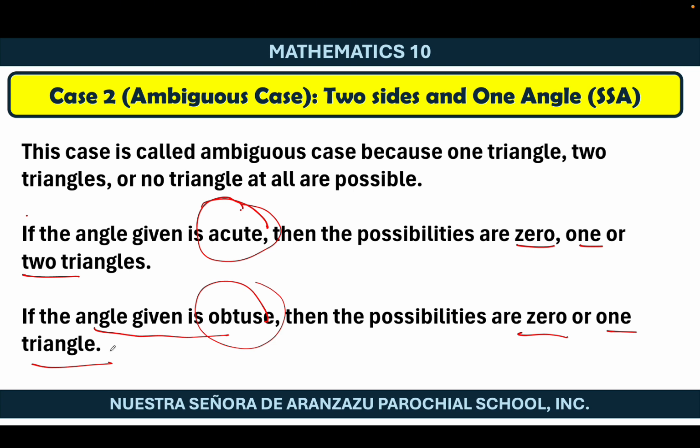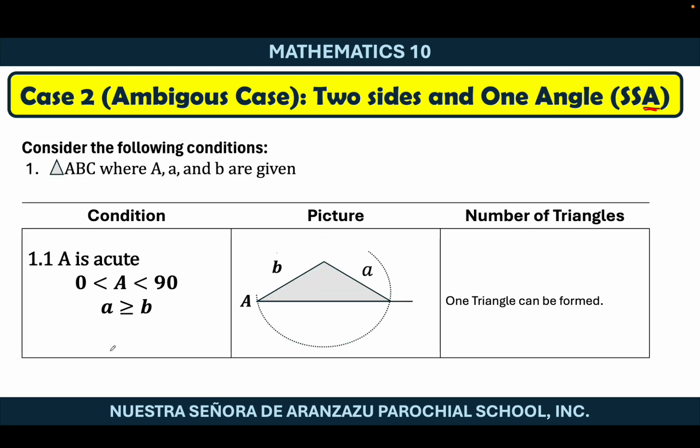Now, iisa-isahin natin itong mga criteria na to in determining the number of triangles to be formed based on the given. So, let us consider a given triangle ABC wherein a is the opposite side and b is the other side.